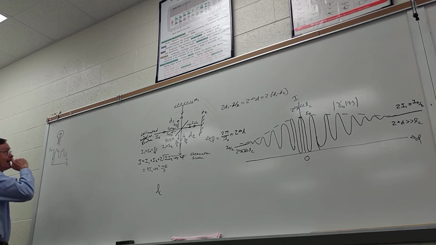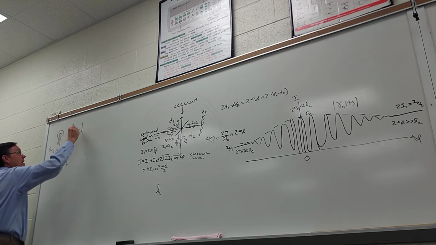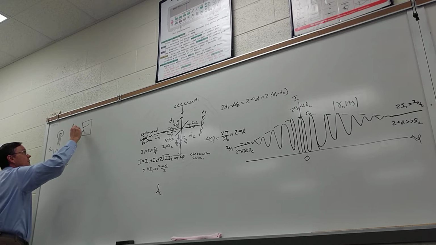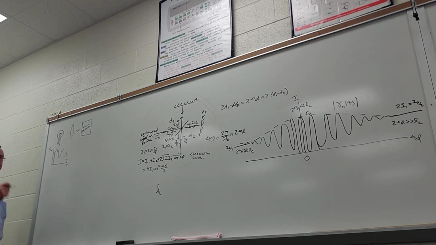Then we collect that light and run it through a monochromator. The purpose of a monochromator is basically to have a very narrow bandpass. It is a very narrow bandpass filter.